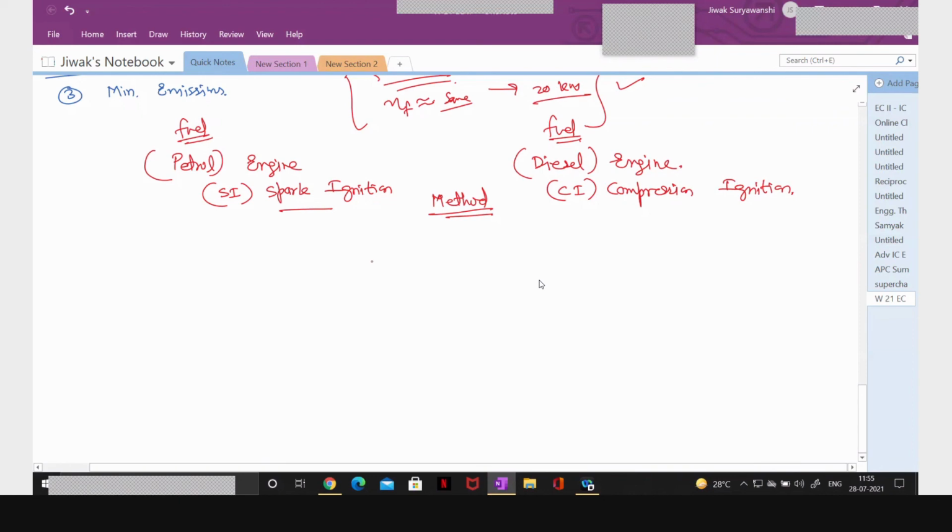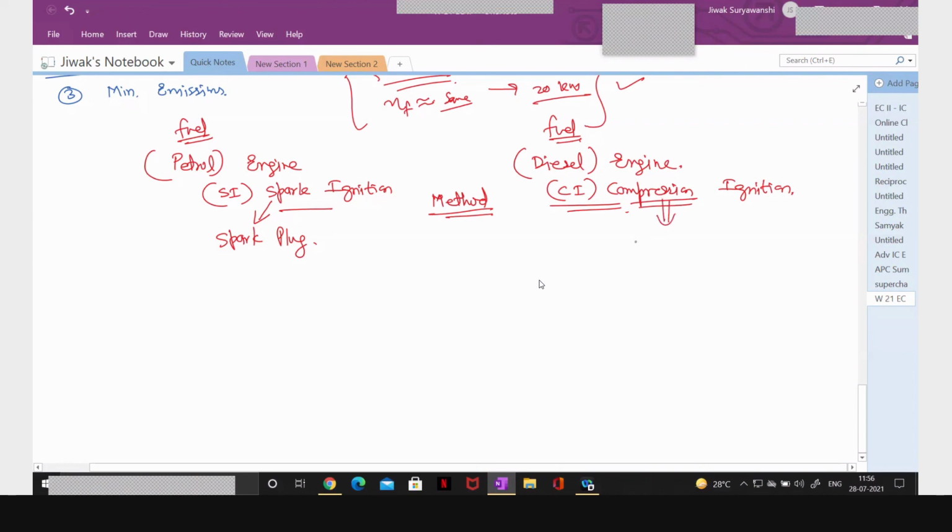Here we are using one device, one external agency, we call it the spark plug. And here we are not using a spark plug. So we are going with compression.